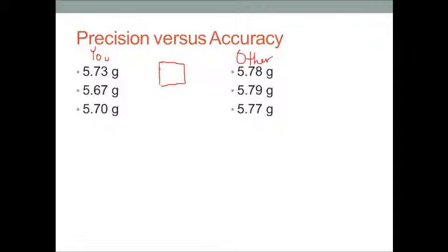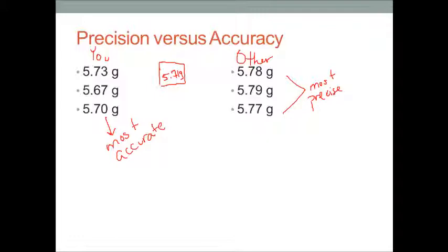By looking at how closely each of these data points are together, we will say that the second group, the other group on the right here, would be the most precise. Now, for accuracy, we need to know that the block should weigh 5.71. Looking at the two sets of data, we would say that your data would be the most accurate.